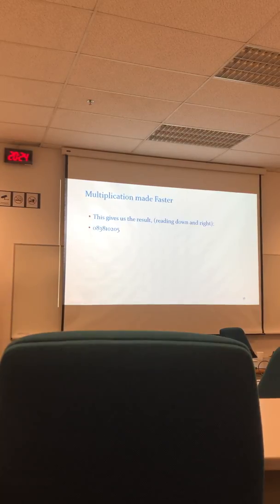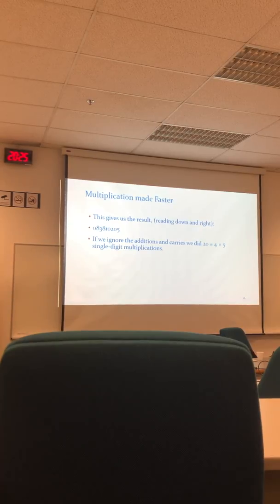Can we make it faster? Make the multiplication faster. Faster means reducing the number of single digit multiplications. So the example here is to show you that we can reduce the number of multiplications by using the divide and conquer approach. But I don't know why they want to use this example.